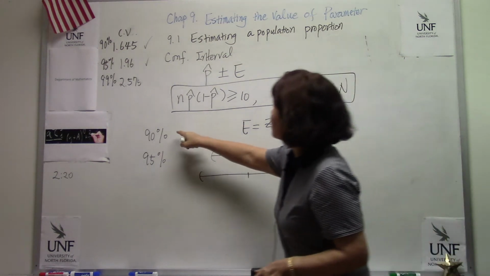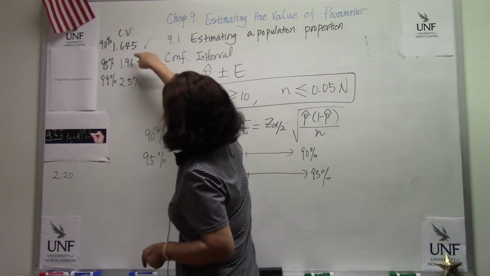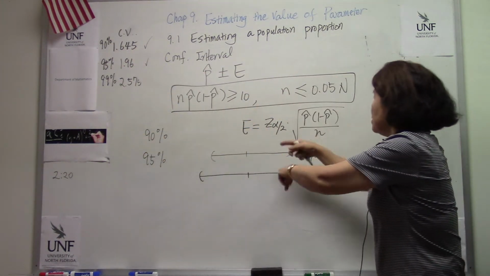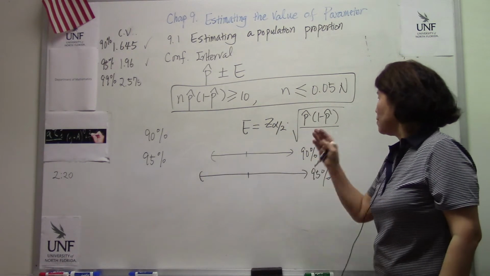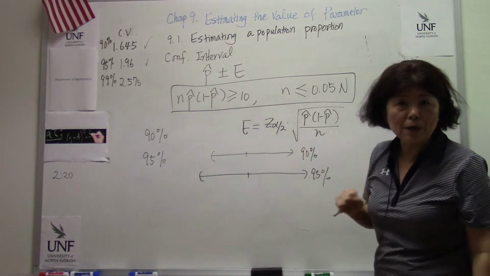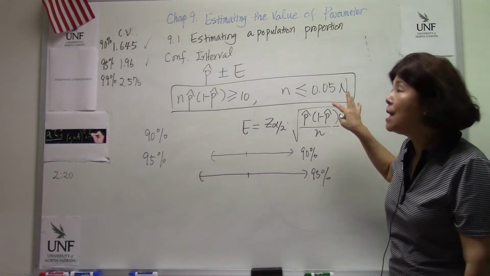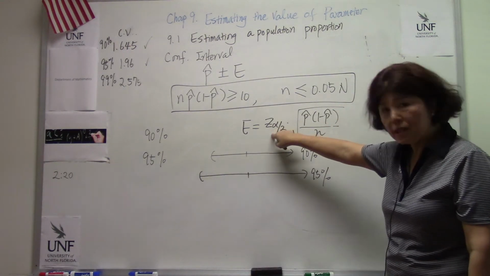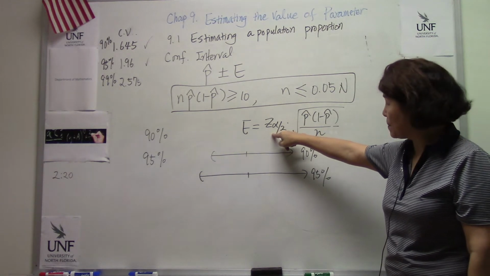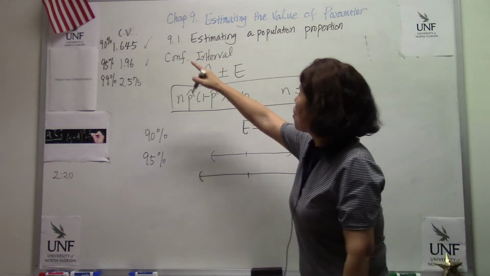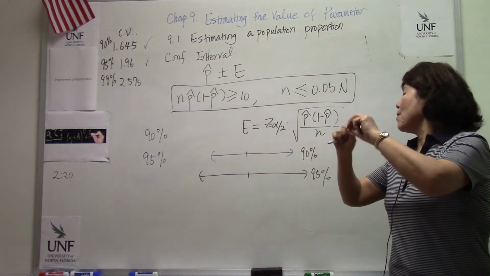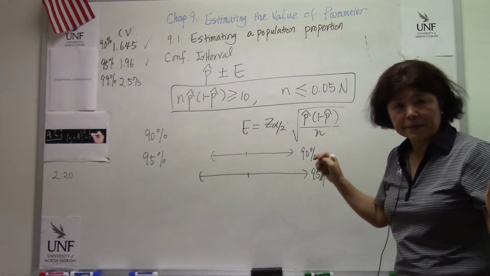Why? Because this critical value is larger, therefore it will go further, because this number is going to be larger and this one is going to be the same. This one has nothing to do with the level of confidence, only this part. You know what I mean? So when the confidence level goes up, the interval goes wider.